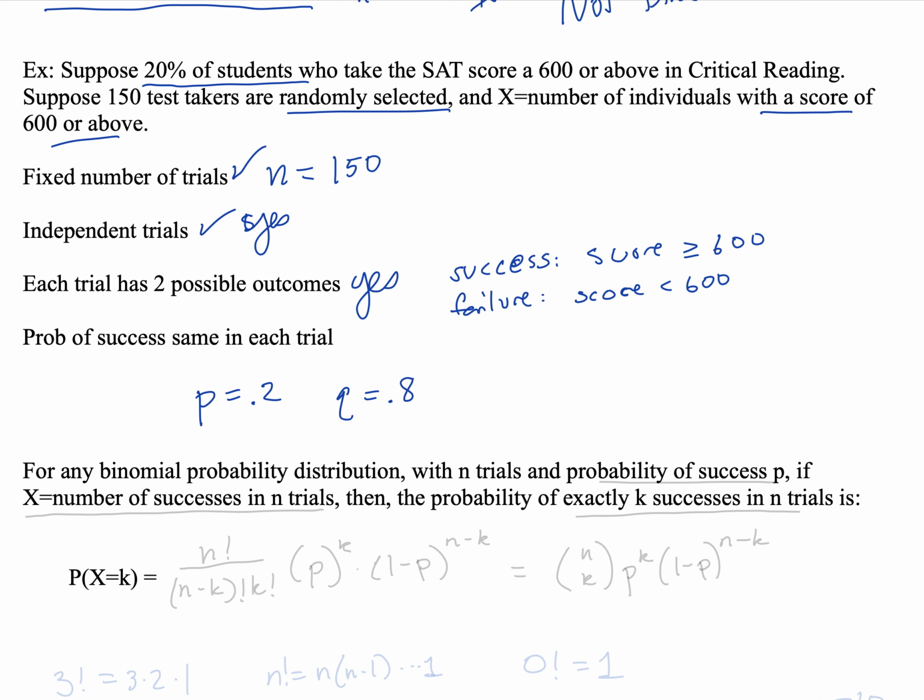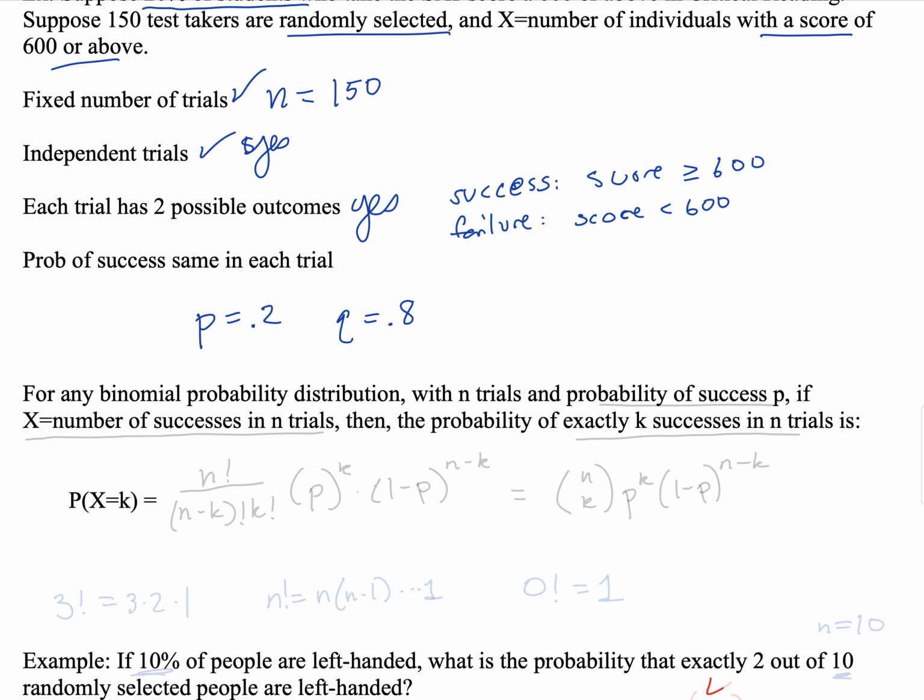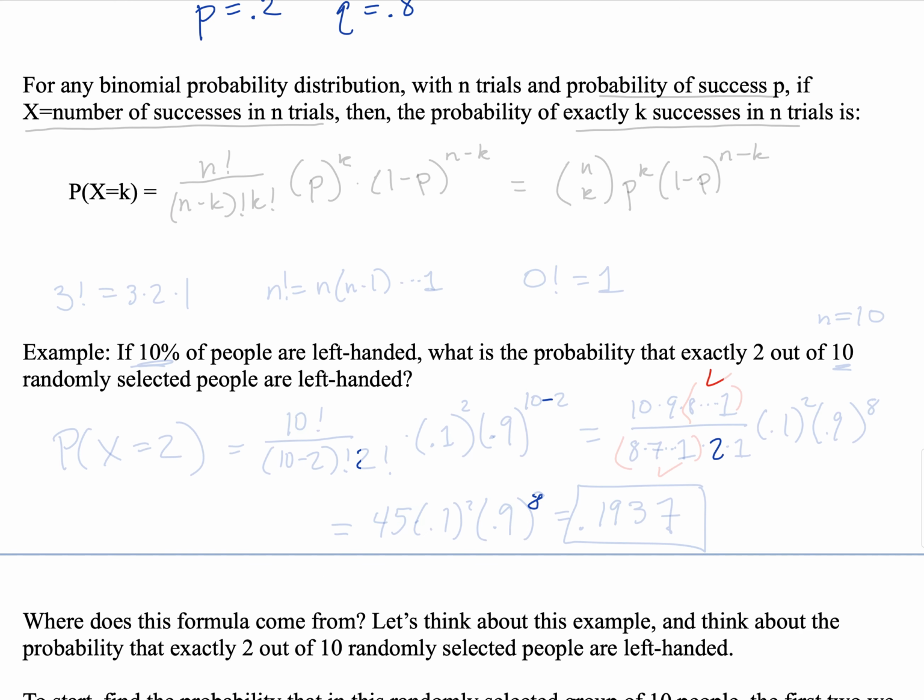So what's really neat about binomial probabilities is that if we know n, the number of trials, and p, the probability of success, then we automatically know the probability distribution for any such binomial random variable.